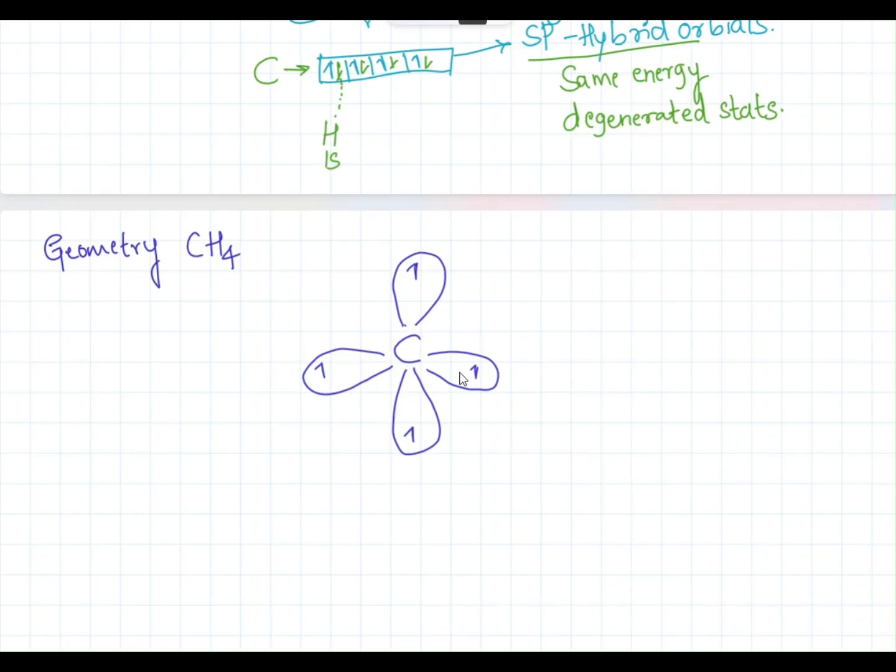Hence they exhibit a bond angle of 109.5 degrees. The bond angle between two sp3 hybridized orbitals of a carbon atom is 109.5 degrees, as the hybridized orbitals have equal energy and there is electron repulsion between them, since each hybridized orbital has one electron.